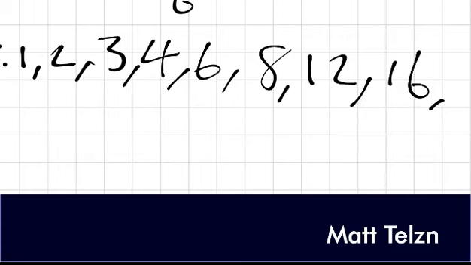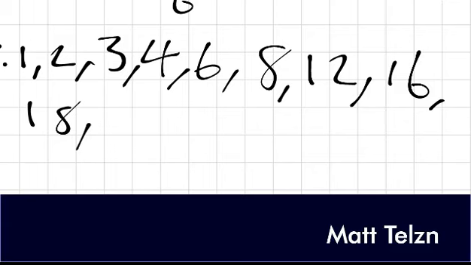Sorry, I will have 18. 3 and 6 will give me 18. Alright, I will have 18 as a factor. So 18 is a factor. 19 is not a factor. 20 is not a factor.